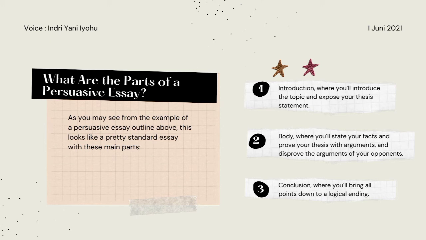The second, body, where you will state your facts and prove your thesis with arguments and disprove the arguments of your opponents. And the last, conclusion, where you will bring all points down to a logical ending.